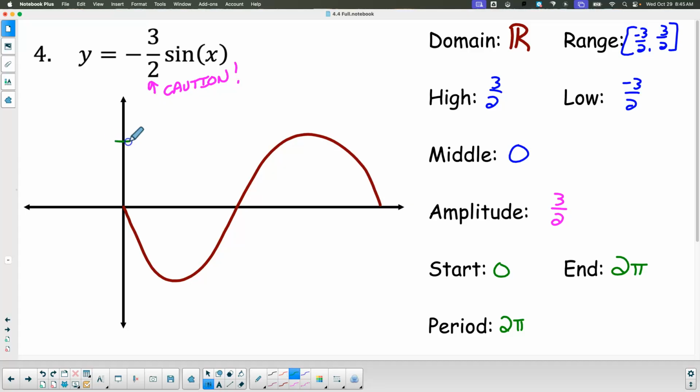We went up to 3/2. We went down to negative 3/2. We got that. Questions on that one?